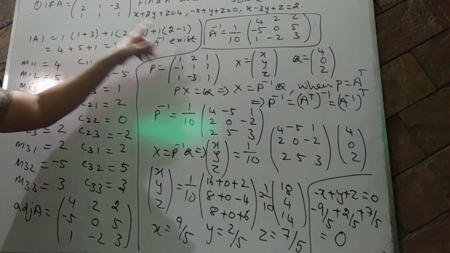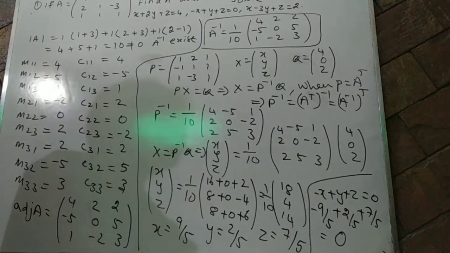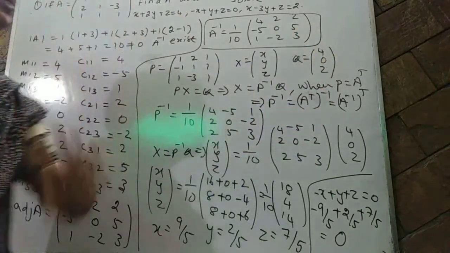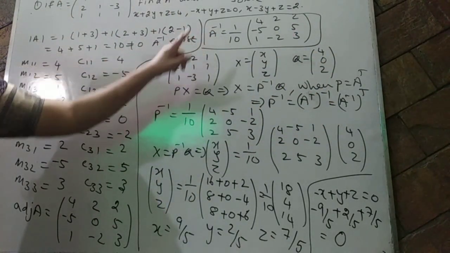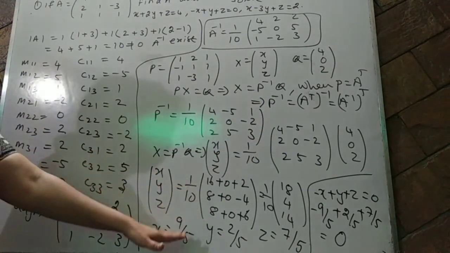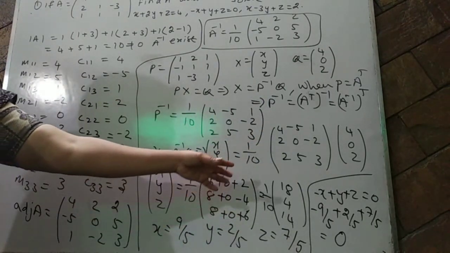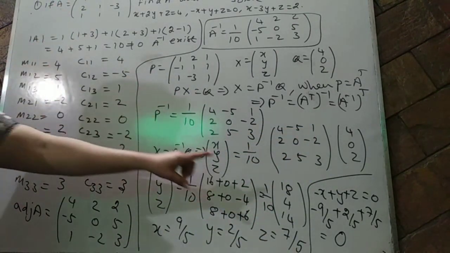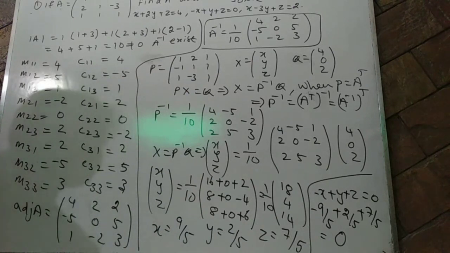If it is the same matrix, write P inverse equal to A inverse. If it is a transpose, then write P inverse equal to A inverse whole transpose. We already have A inverse, take its direct transpose so that you get P inverse. Then just solve the equation, multiply both, and you will get the values of X, Y, and Z. And don't forget to do verification there.